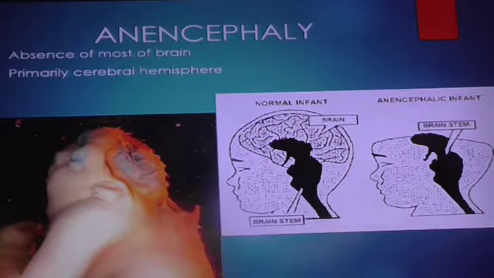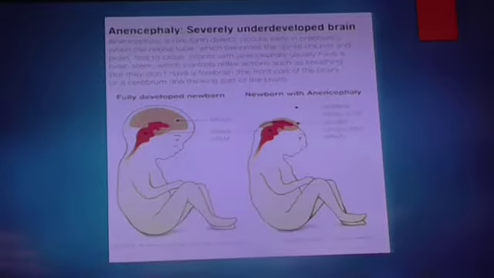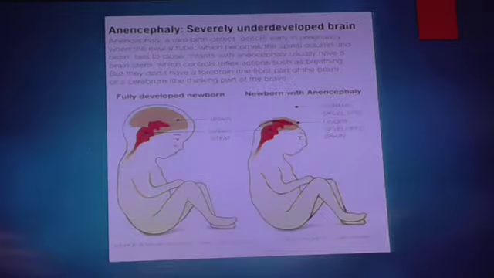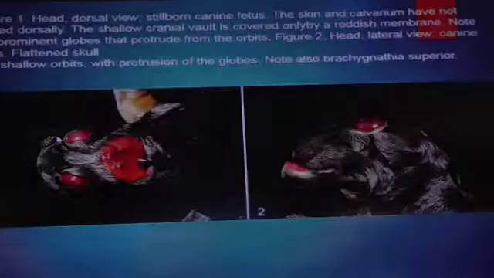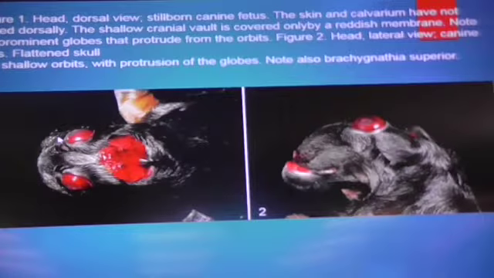Okay, so anencephaly, absence of most of the brain, primarily the cerebral hemisphere. And this is showing you again anencephaly in a child. The one picture I find, it looks like a Muppet to me, and I'm not trying to be funny, but it really does.